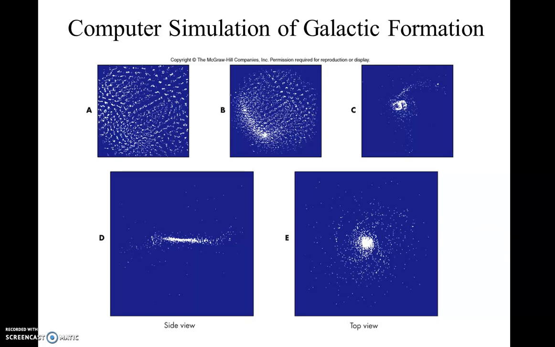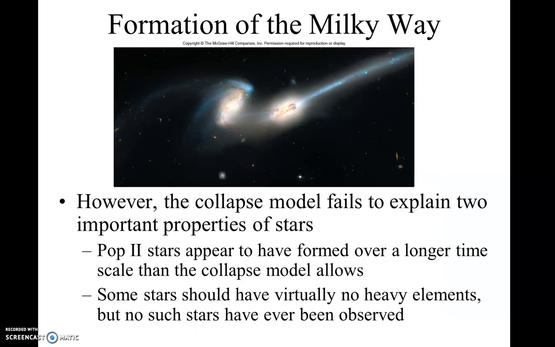So the computer simulations are one thing. They help us in the sense that we think we're on the right track, that the right ideas are certainly in place when our computer simulations can show us the spiral galaxy forming.